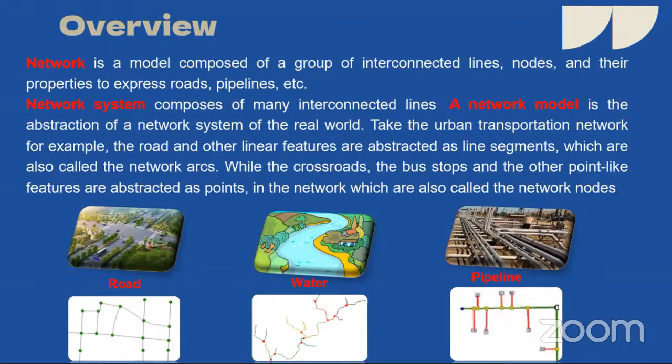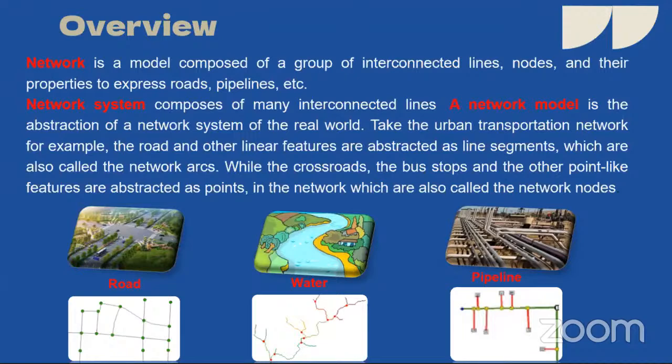Okay, but before we go deeper, we need to know what a network system and a network model are, as all of these are related to our analysis. Basically, a network is a model composed of a group of interconnected lines, nodes, and their properties to express roads or pipelines and others.